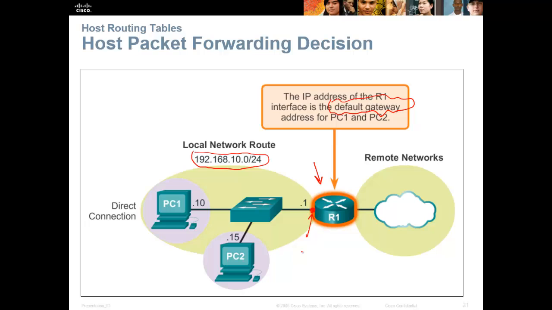You can pause the recording a little bit and answer this question. Anyway, this is the IP address of the default gateway. .1. Because this is the one, and this is the network address of our network.